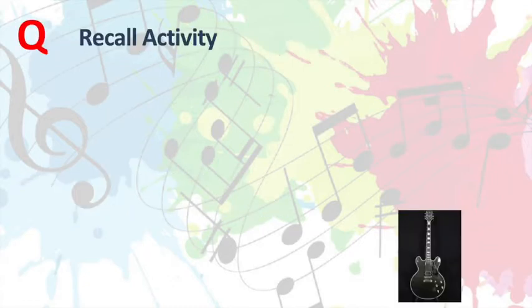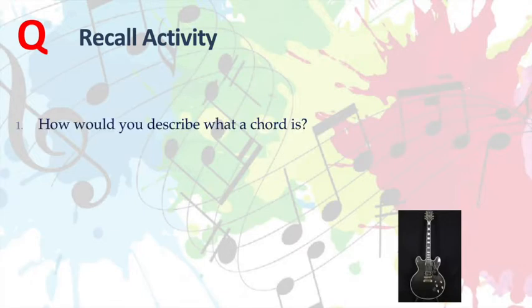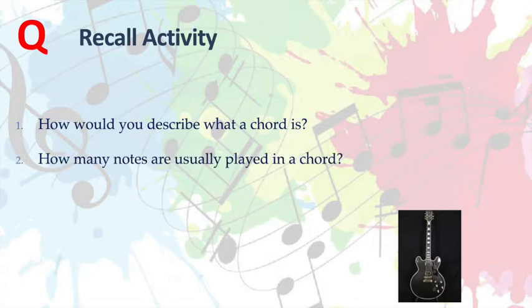So I just want to do a quick recall activity from our last learning session. Question 1. How would you describe what a chord is? Question 2. How many notes are usually played in a chord? Question 3. What is a triad?